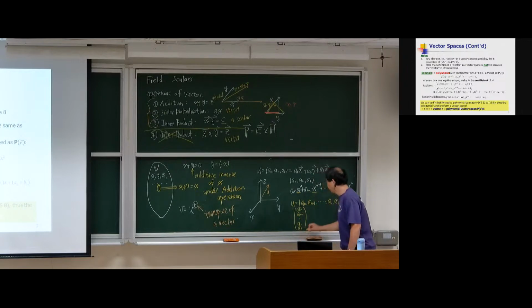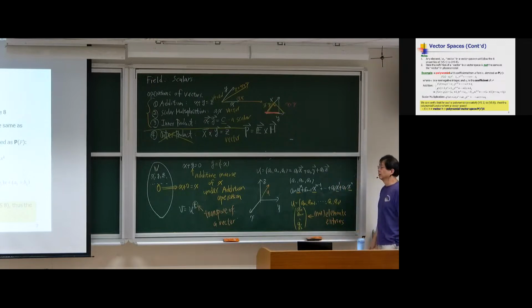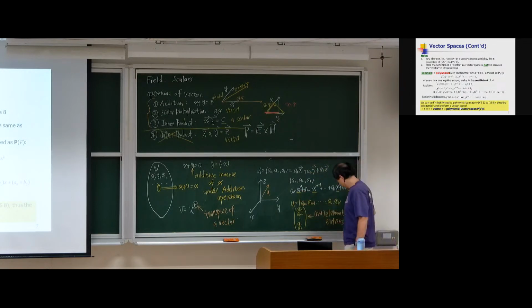Because here we have n plus 1 elements or entries. So in this format, actually we know it's a vector, but it's the column vector representation of an n degree polynomial.